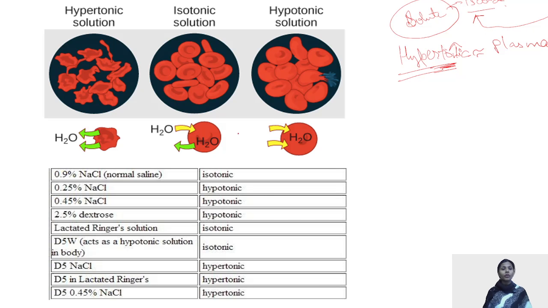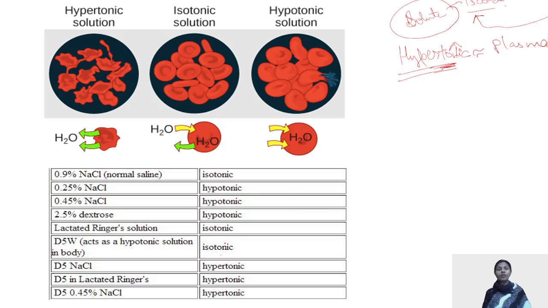The hypertonic fluids that we talk about are, for example, NaCl or RL with dextrose introduced in it, or 0.5% NaCl with dextrose. Generally, when we talk about neurosurgeries, what we prefer is 0.9% NaCl. It is isotonic, but it is on the higher side of the osmolality. And the dextrose containing fluids are contraindicated in neurosurgeries.